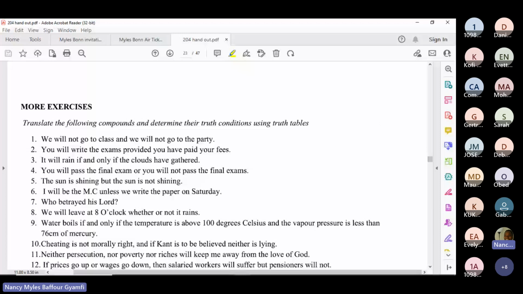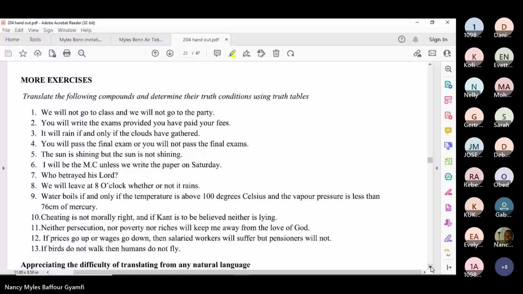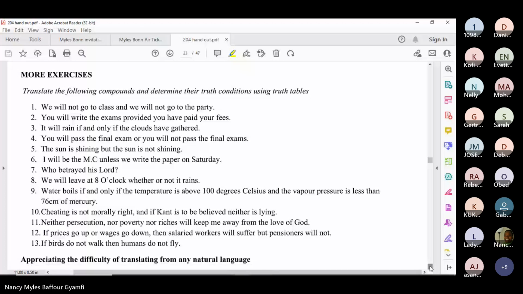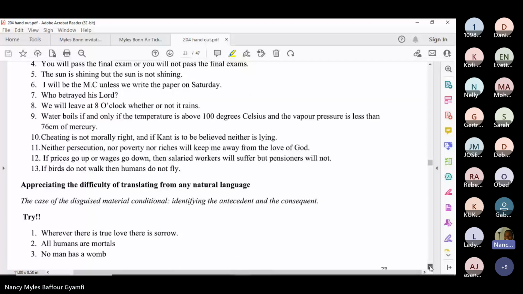That's it over there. This is the page we are working with. On mine it is page 17 because I don't have the course outline and the front page. You have it as your page 23 or so. That is it over there, number 13.